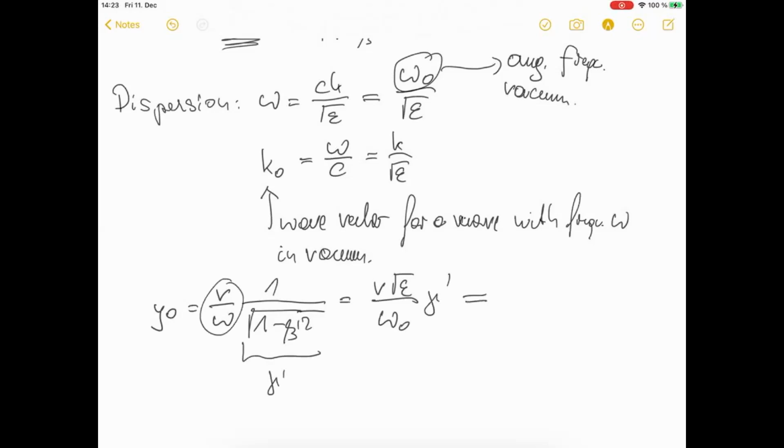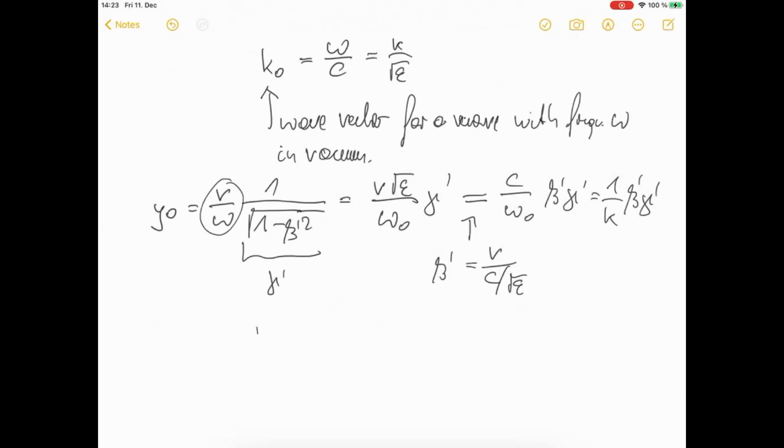And now, because beta prime is v over c divided by square root of epsilon, this becomes c over omega naught times beta prime times gamma prime, which is 1 over k naught times beta prime times gamma prime. And that's what I wanted to show to you.